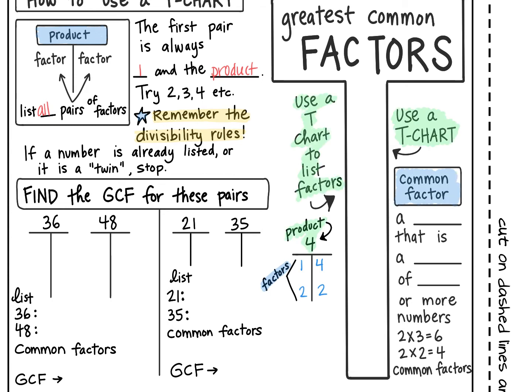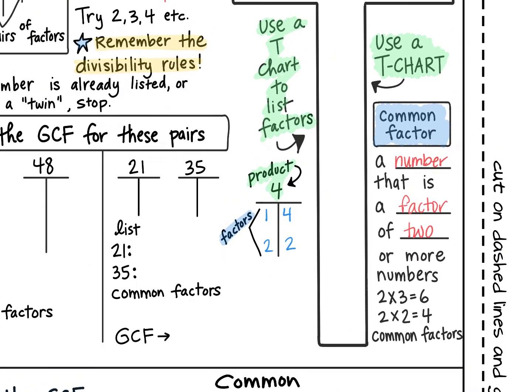A common factor is a number that is a factor of 2 or more numbers. So for example, here you notice that it says 2 times 3 is 6, 2 times 2 is equal to 4. So you should be able to recognize by looking at this that they share a common factor. Their common factor here being 2.